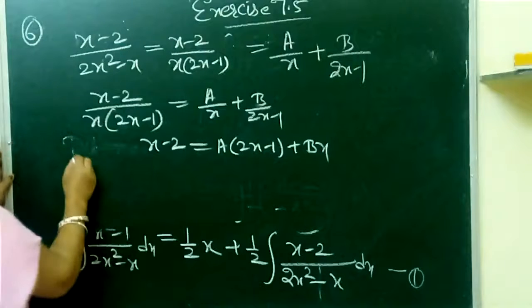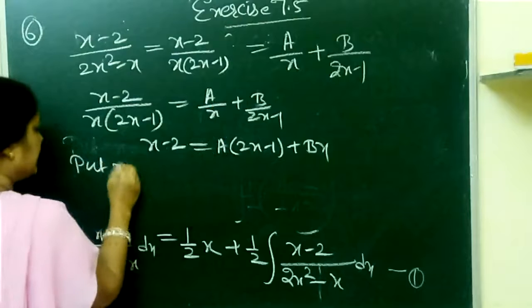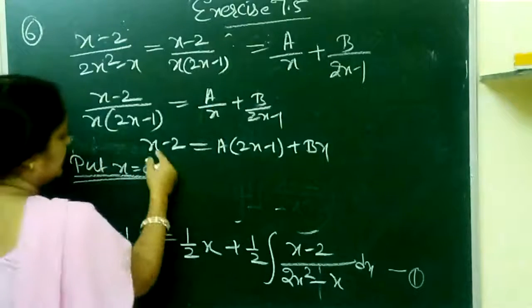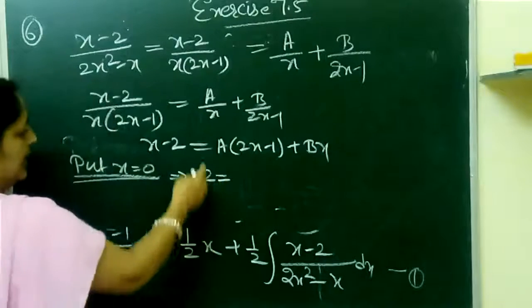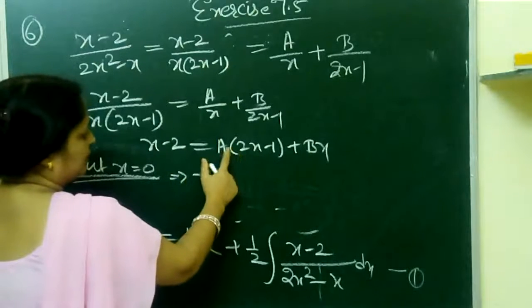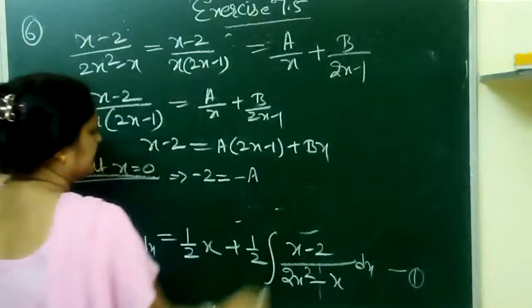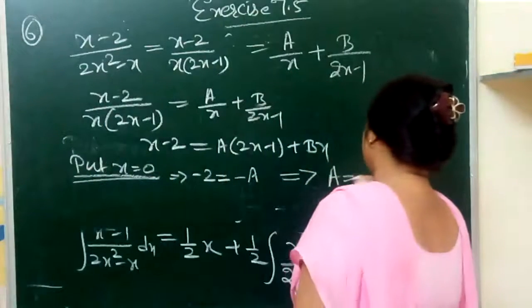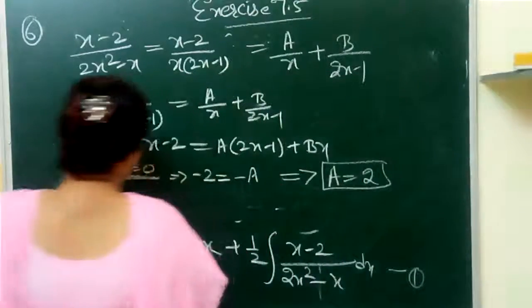So we put x equal to 0 here. After putting x equal to 0, minus 2 equals minus a, and the b term is 0. So you can see the value of a is coming 2. a is equal to 2.